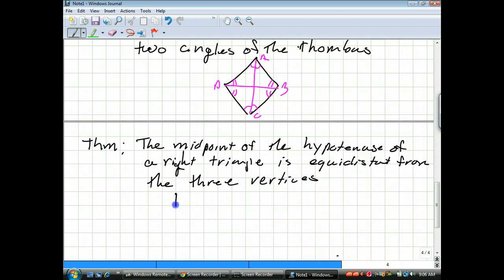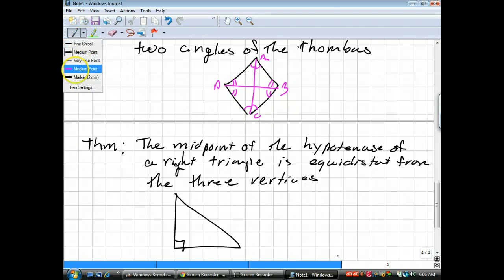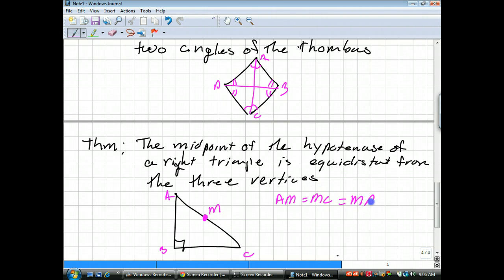So what this is saying is we have some right triangle, and the midpoint of the hypotenuse, so if this is A, B, C, we'll say this is M, then this theorem says that length of AM equals length of MC equals length of MB.